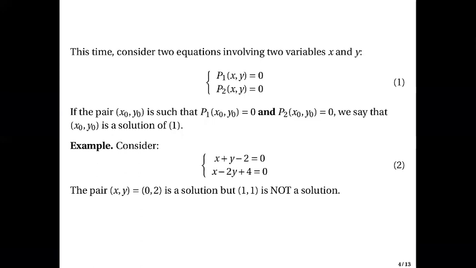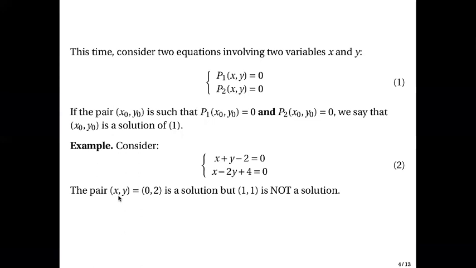So meaning the pair x sub 0 y sub 0 should satisfy both equations 1 and 2. Okay? Not just the 1, not just the 2, but both of them. Okay? So for example, in here, you have x plus y minus 2 equals 0, and x minus 2y plus 4 equals 0. Okay?